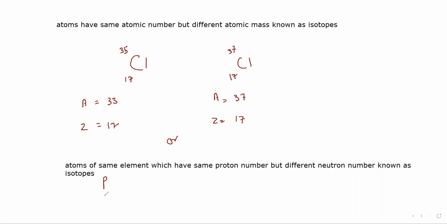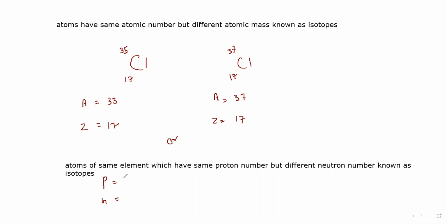How many protons and how many neutrons are there in the first one, chlorine 35 and 17? So basically there are 17 protons, and when you take the difference, 35 minus 17, that is 18 neutrons.